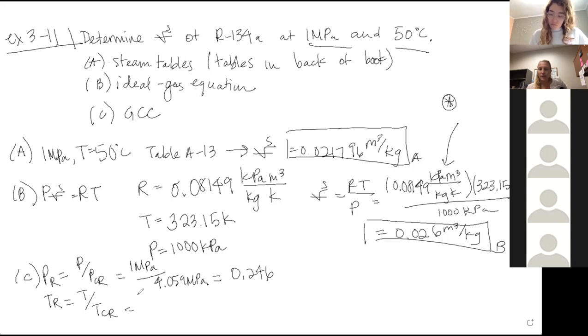Our temperature is going to be 323.15 Kelvin over our temperature critical, which we look up here is 374.2 Kelvin. And this gives us a temperature reduced term of 0.863.